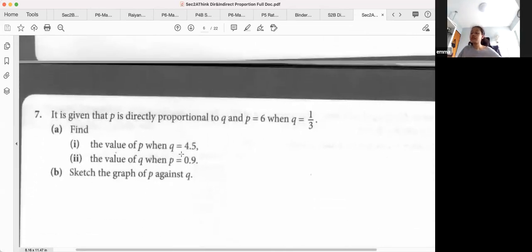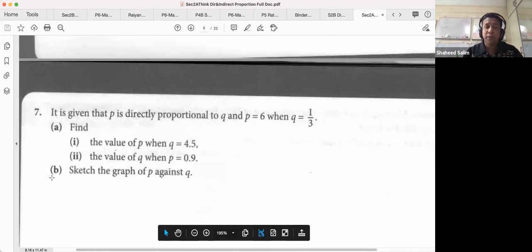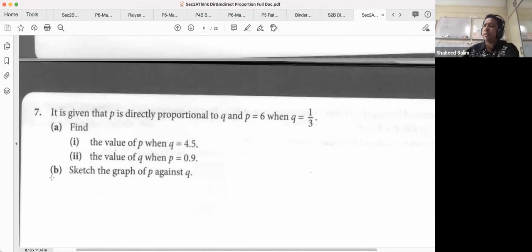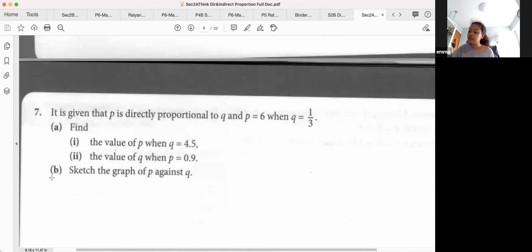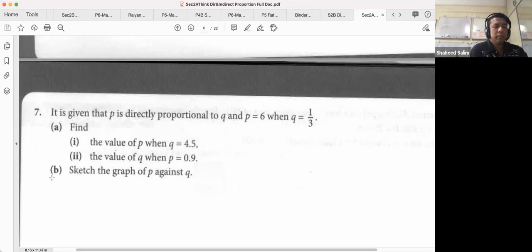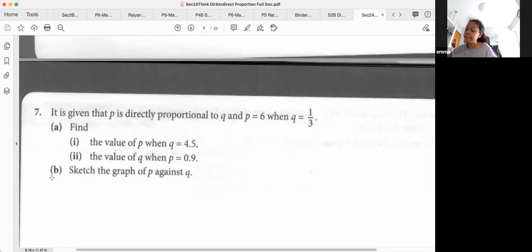We try question 7. You know the steps again, although you don't need to do B, of course, for A. But in order to do that, as what I explained earlier, let's see what you can do. Do you have the equation?